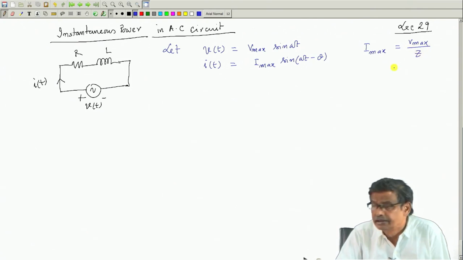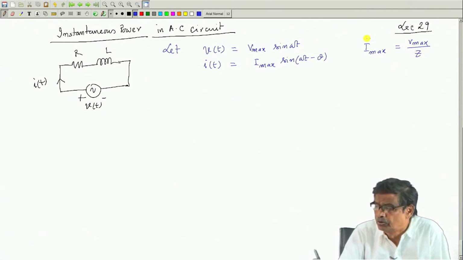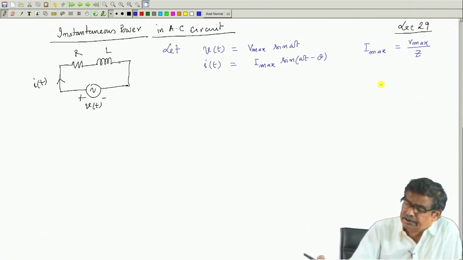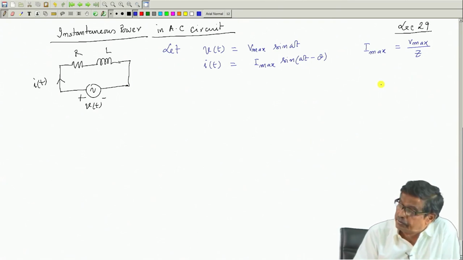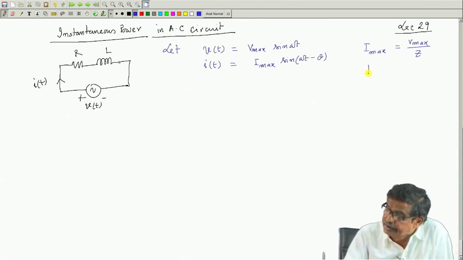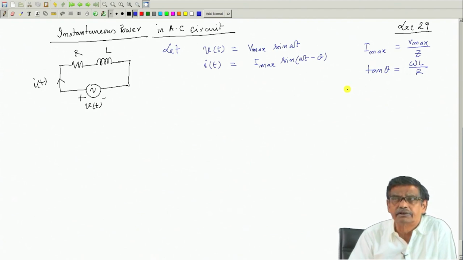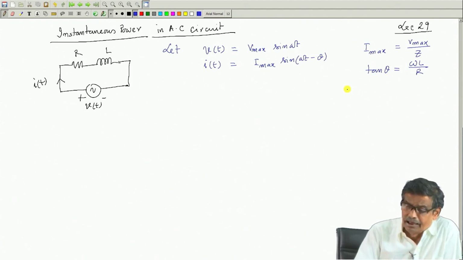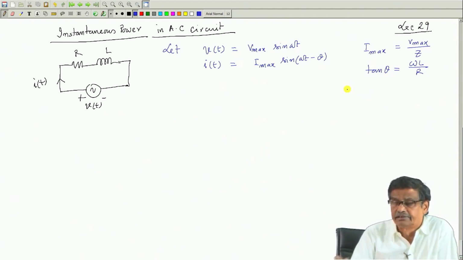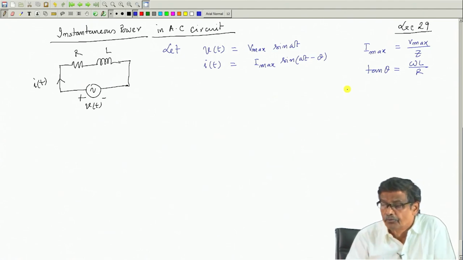This Z, is it a phasor? No, it is a magnitude, without a bar I am writing. Z is the square root of R square plus omega square L square. What is theta? Tan theta is omega L by R, so theta is tan inverse of omega L by R. So, I have solved the circuit and have these results before me.